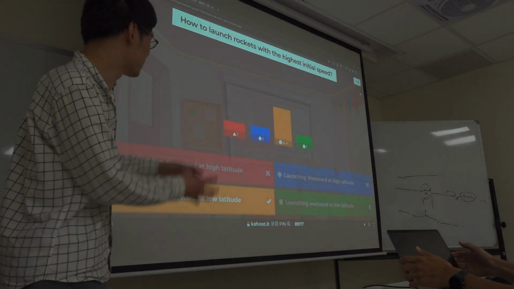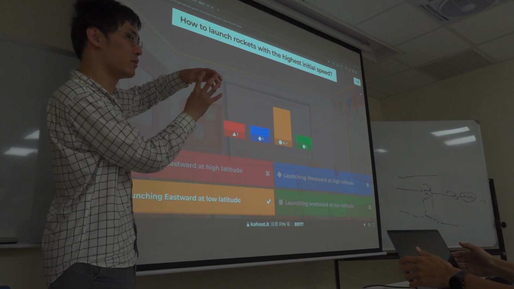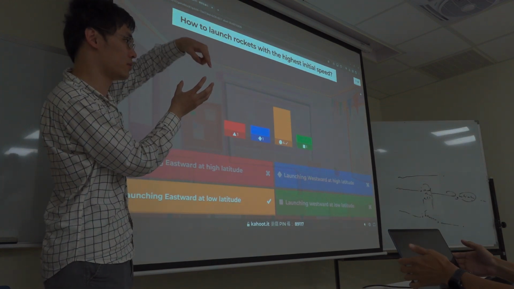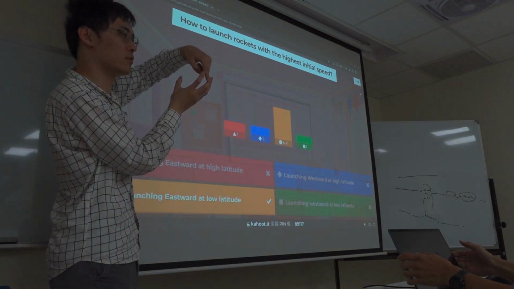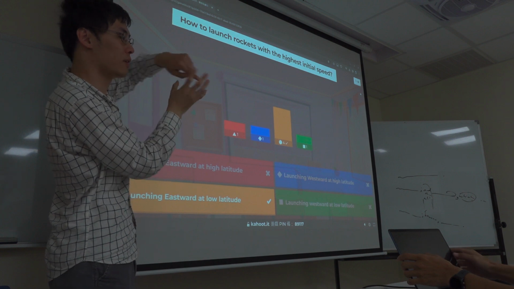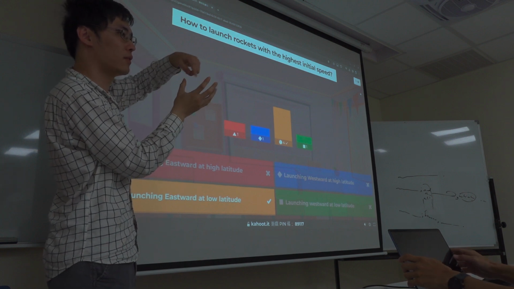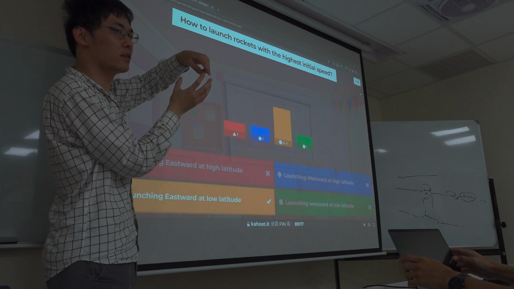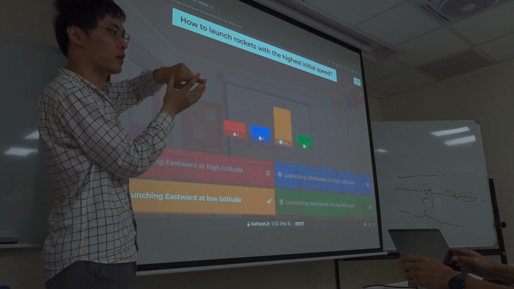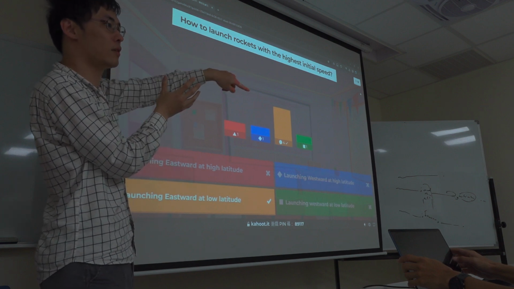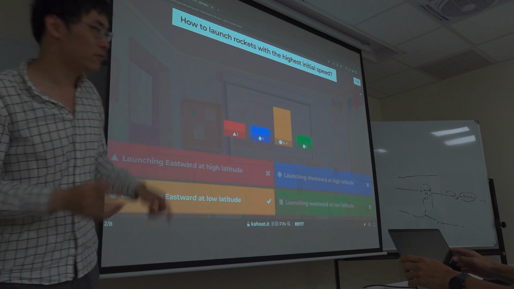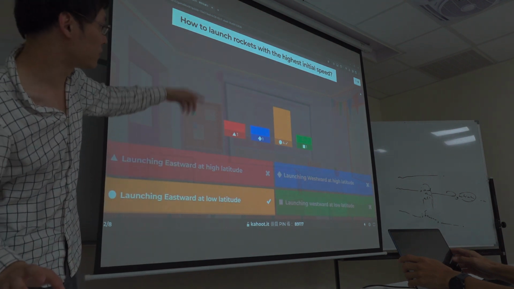Because the Earth is rotating, if you are at the lowest latitude, at the equator, you have the maximum velocity on the surface of the Earth, and you fire eastward, along the rotation of the Earth.